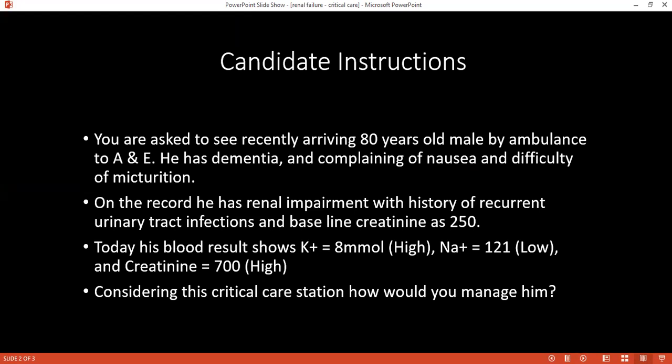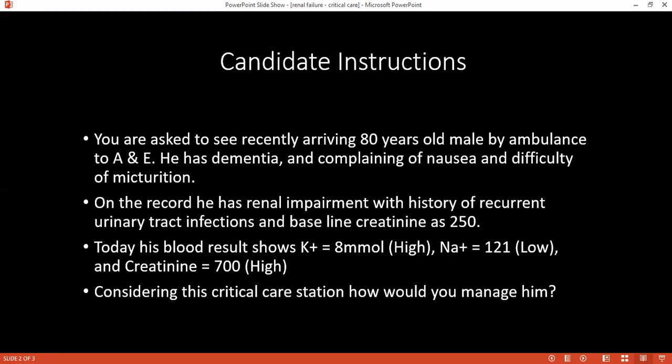Since the patient presented with hyperkalemia, what is the most serious complication you worry about? I'm worried about cardiac arrhythmia.